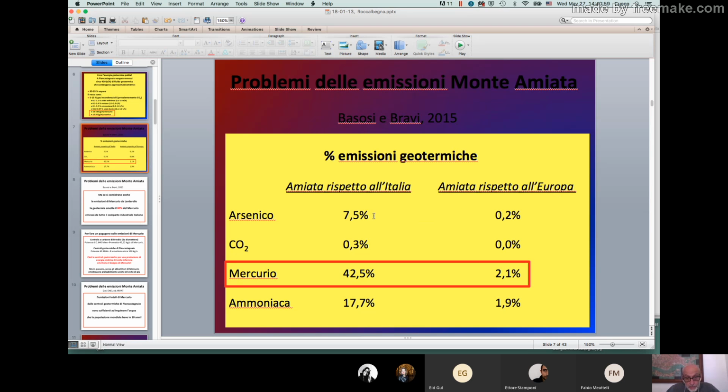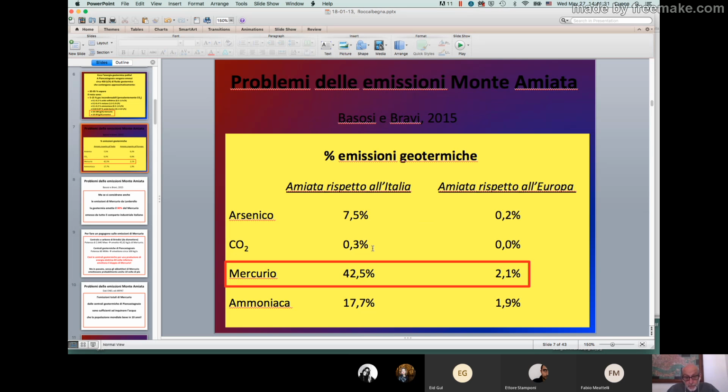So 7.5% of the arsenic emitted from all industry in Italy, and 0.2% of all industry of Europe, is emitted by the geothermal power plant at Amiata. A fair amount of the CO2 emitted by all industries, 0.3%, is emitted by the power plants at Amiata.